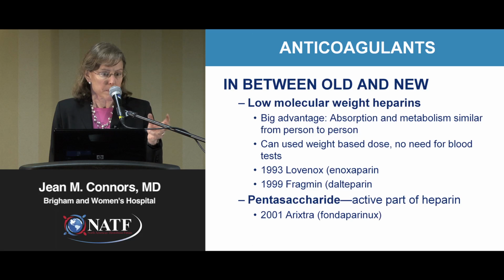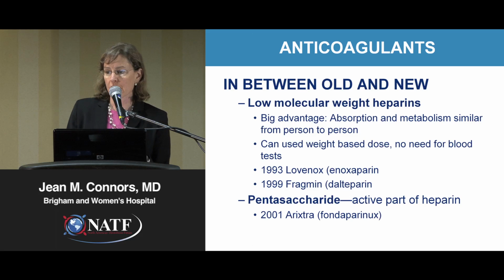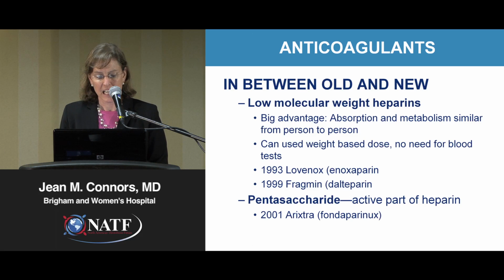In the laboratory, lots of research by drug companies found that if you isolated the smaller molecular weights of heparin, called the low molecular weight heparin, there was much more predictability in the dose from patient to patient. So you could give a lot of patients the same dose, and they would have the same level of anticoagulation compared to the unfractionated heparin. So these were a big advantage in terms of what was available at that time.